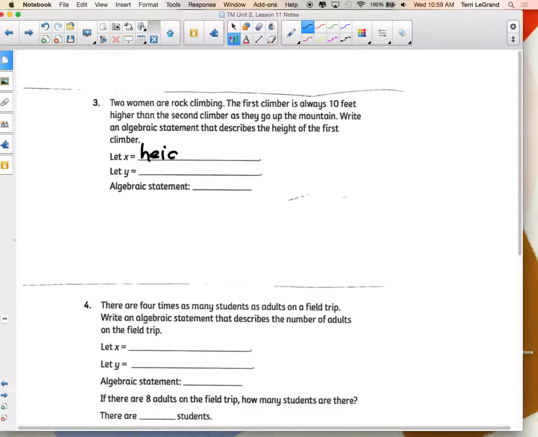Height of first climber, nameless climber, just first. Maybe his name is first. And then the height of the second climber would be our other unknown. In our unknowns, the 10 has nothing to do with it.